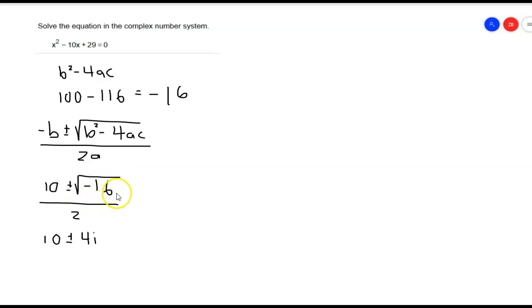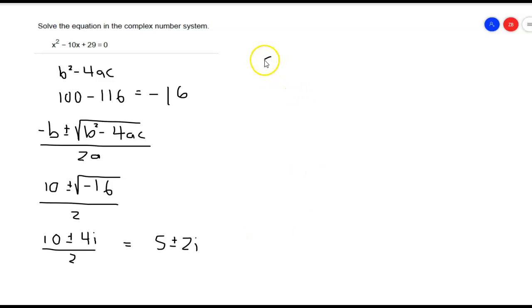This is really just the square root of 16 times the square root of negative 1, and the square root of negative 1 is equal to i, and the square root of 16 is equal to 4, and all over 2. Then I can break this up into two fractions, or divide both of these top values by 2. So this is going to be 5 plus or minus 2i. And so those are our two solutions.